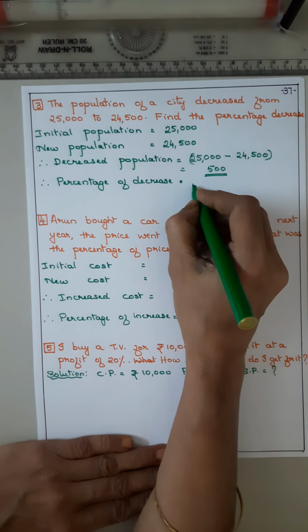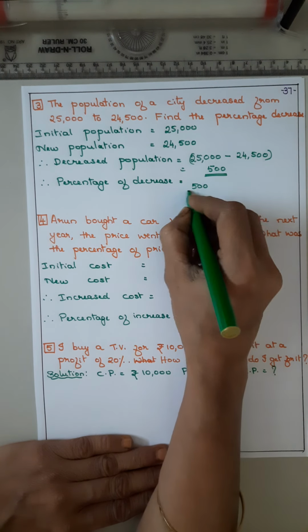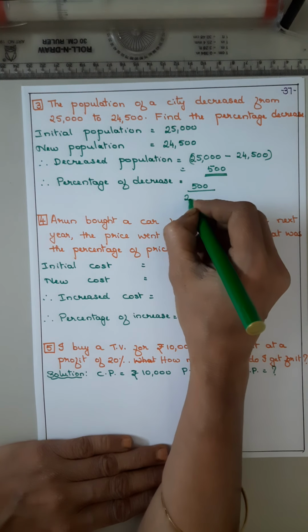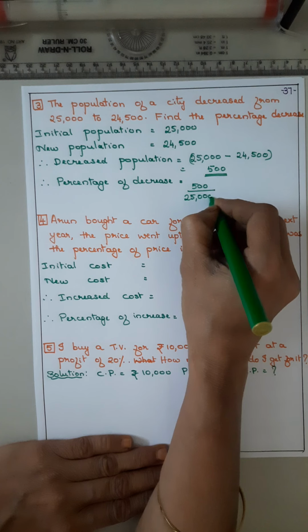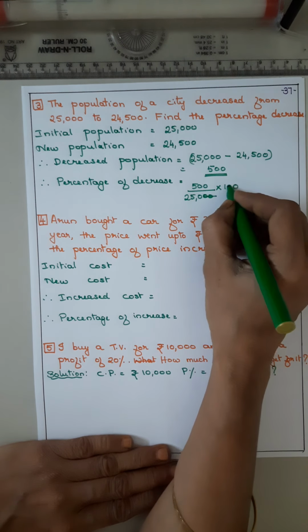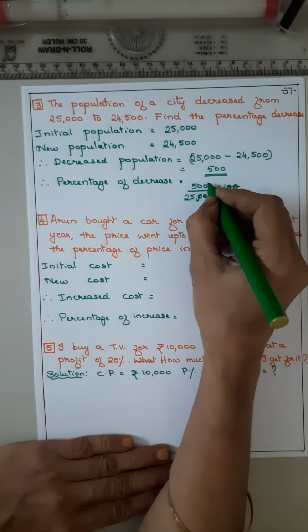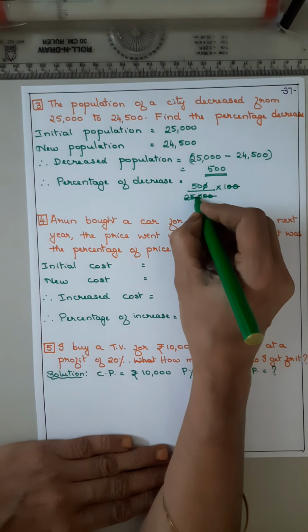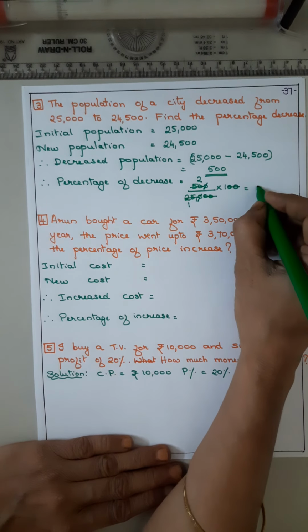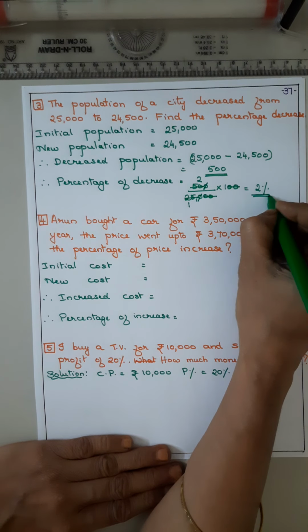So how much is the difference? 500. How much was the initial? Initial was 25,000 into 100. Two zeros cut. 10 cut. 25 ones are 25, 25 twos are 50. So you got 2% decrease.